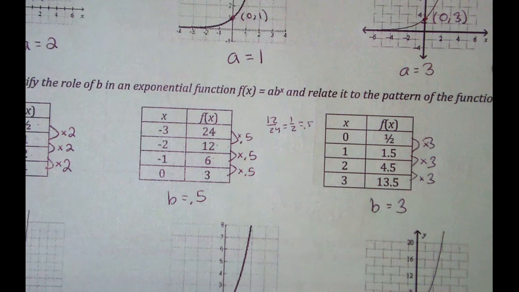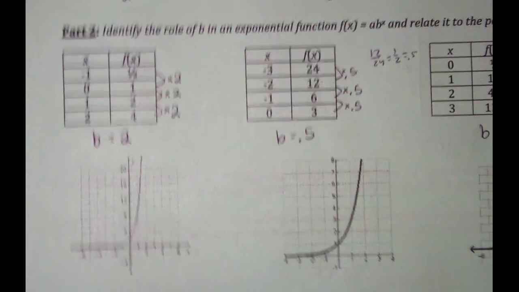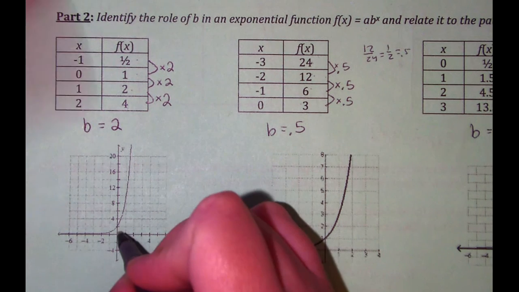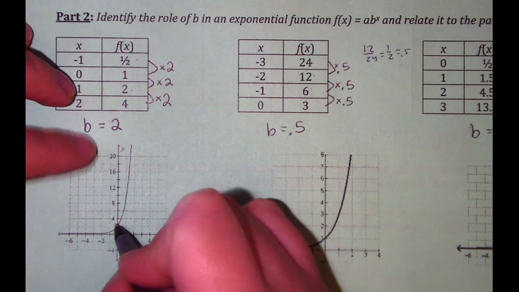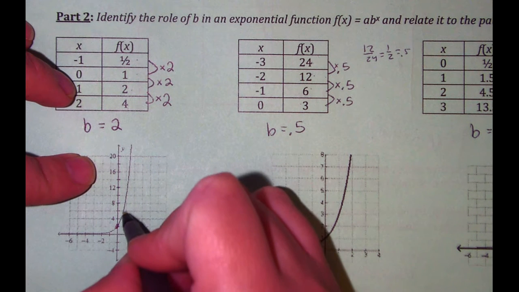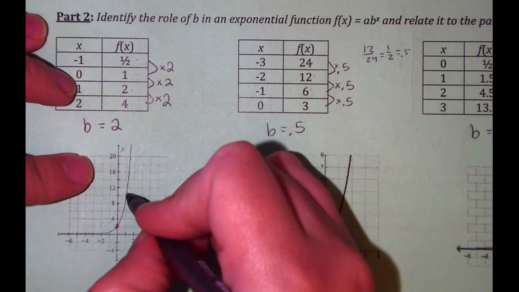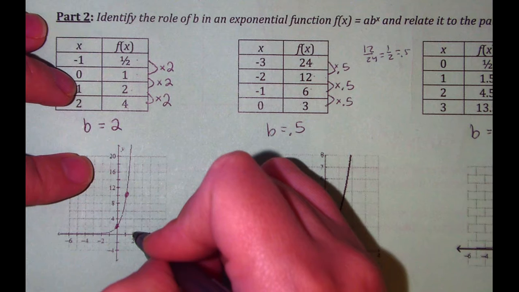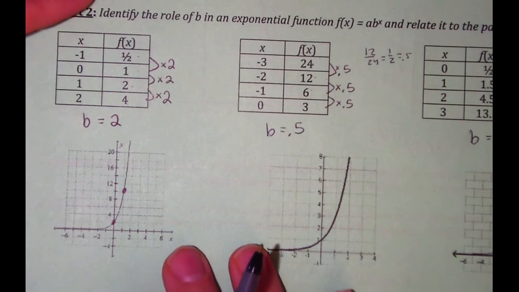So now let's look at these graphs down here. It's the exact same idea, only now we need to actually just create the table. So I can see that here's a point right here. Here's a point right here. And that's really all I can tell for sure.